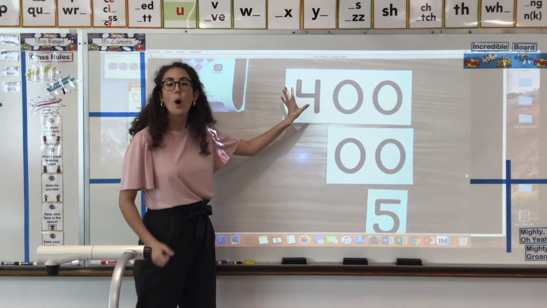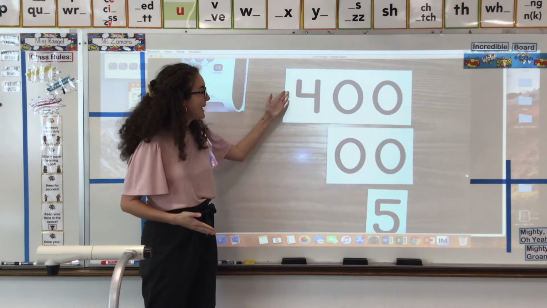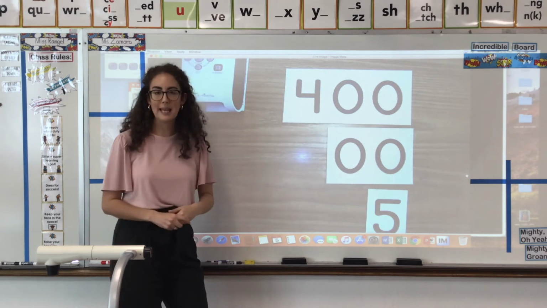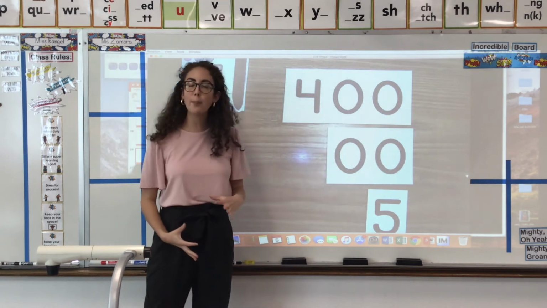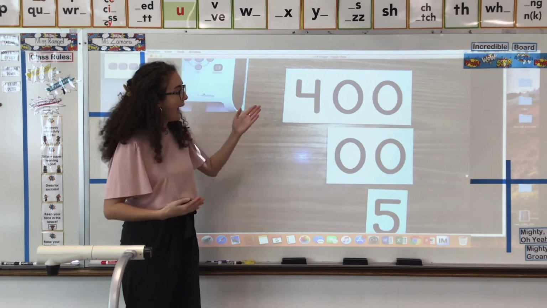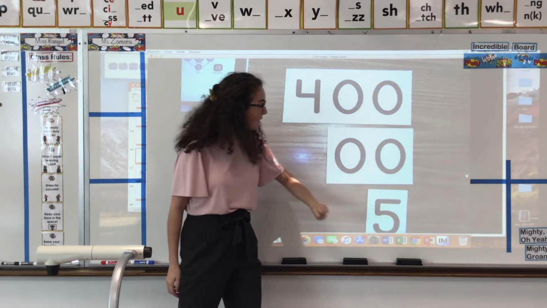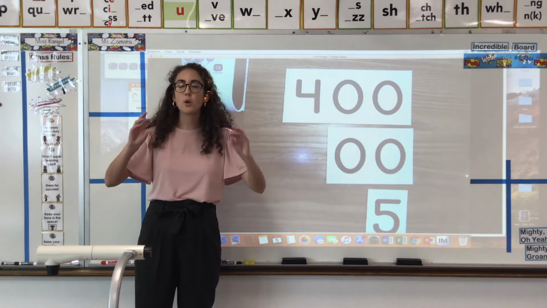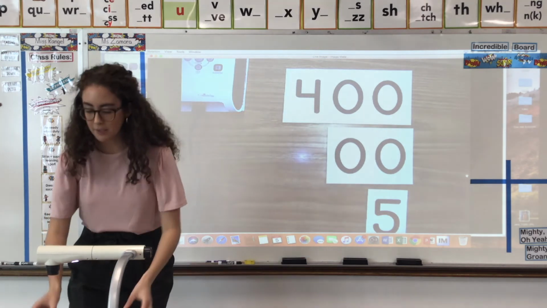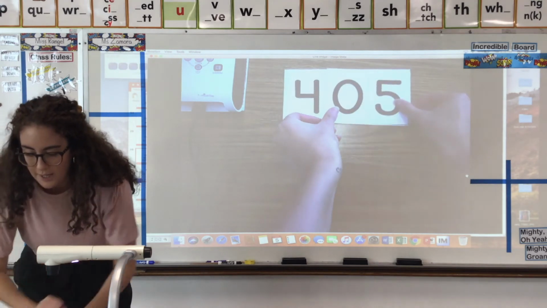This 4 holds the value of 400 because it's in the hundreds place. So look at that. We pulled apart 405, and we can see that within this number, there's 5 and 400. The digits were just holding that value when we saw the number 405.